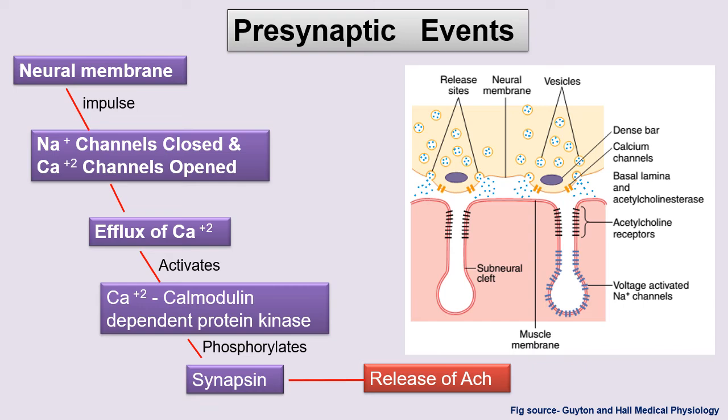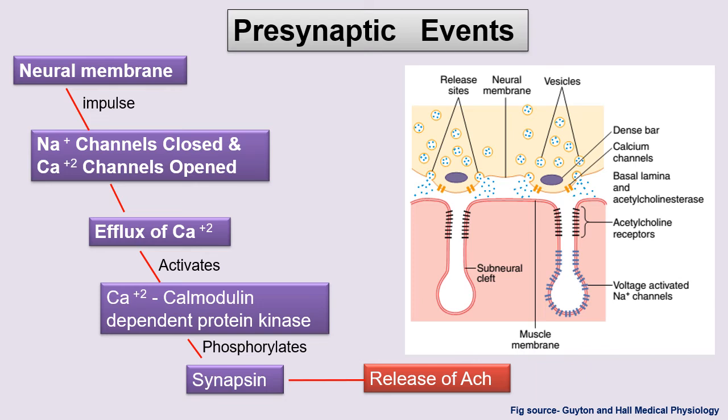When an action potential spreads over the terminal, sodium channels are closed and calcium channels open and allow calcium ions to diffuse from the synaptic space to the interior of the nerve terminal.